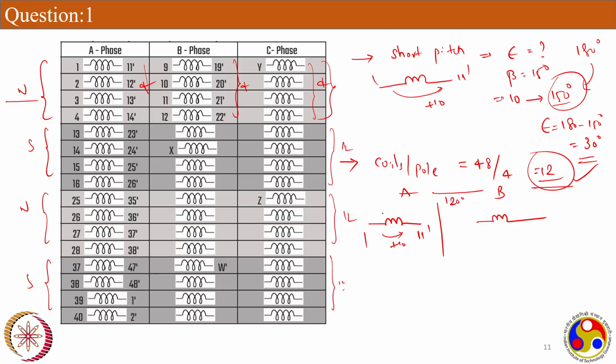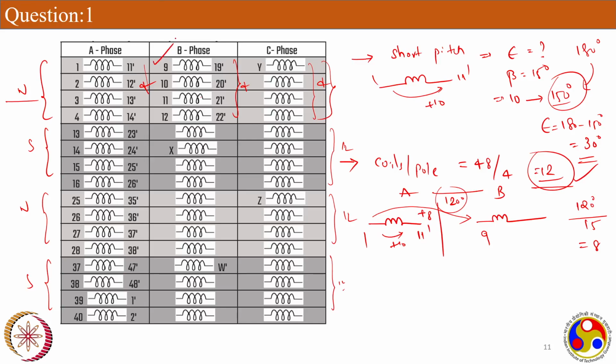If it is starting at 1, where should B start? 1 plus 120 degree. To calculate 120, I know each slot angle is 15 degrees. So 120 by 15, how much is it? It is 8, right? So you add 8 here and you get 9. So the B phase starting should be slot 9.